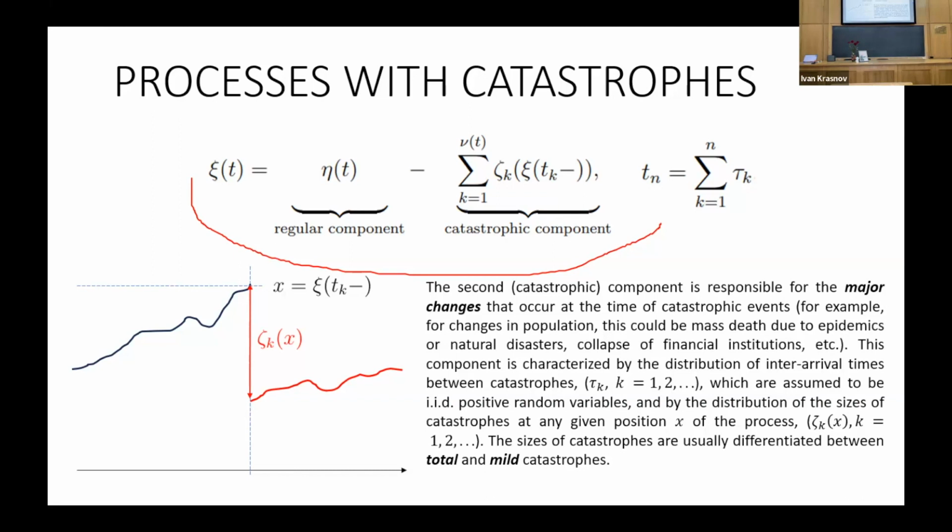This type of process is very well known in neuroscience. There are also processes with interaction, where what you call the moment of catastrophe usually depends on the state of the neighboring processes. So I wanted to ask you, do you have catastrophe processes for some dependent components?